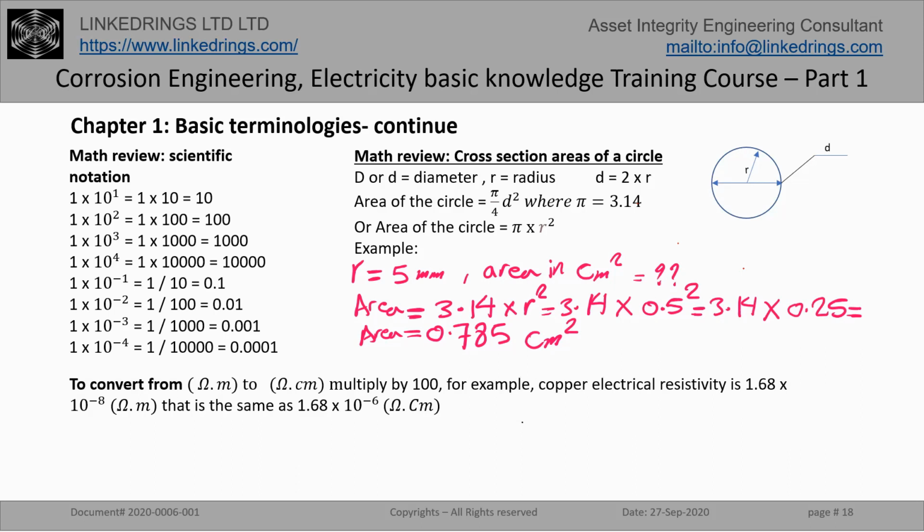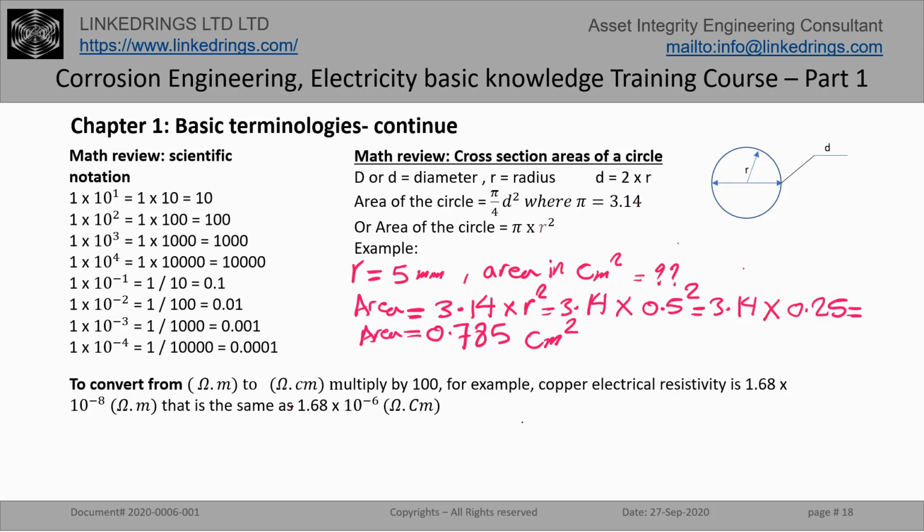In some of our live examples or exam questions, we may find the unit of the resistivity not in ohm centimeter, but in ohm meters. So to convert from ohm meters to ohm centimeters, multiply by 100. For example, the copper electrical resistivity is 1.68 times 10 power minus 8 ohm meters.